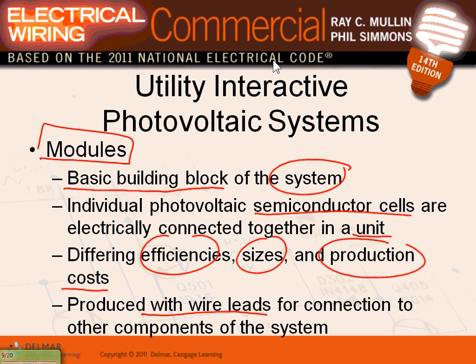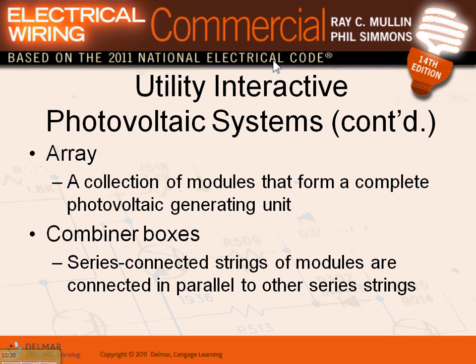And these plugs are load interrupters, so you can unplug any of these panels. Usually you put 4 modules to make a panel, and they're all plugged into each other. You can unplug one of them for service, unplug it safely, and work on it. So they are produced with wire leads to safely disconnect them. So these are the modules.